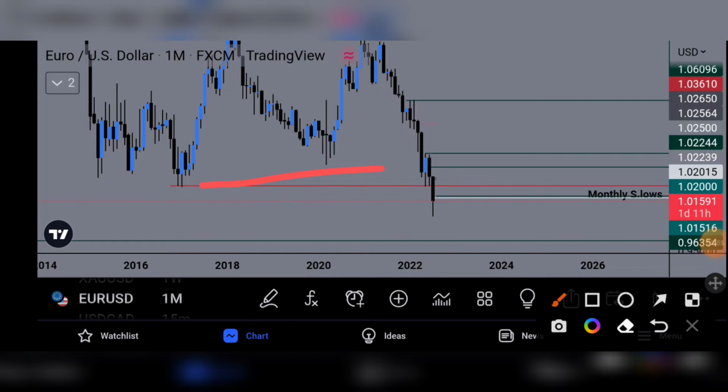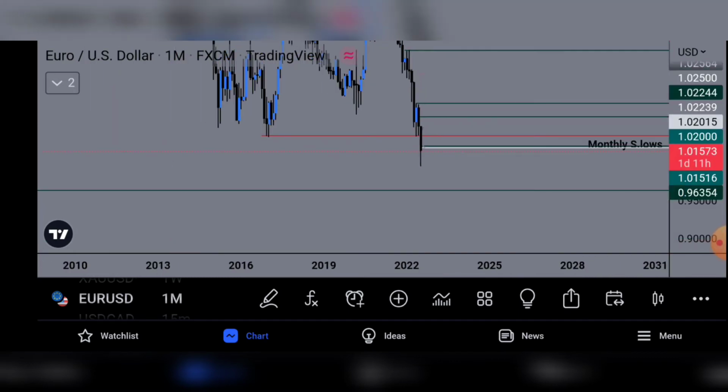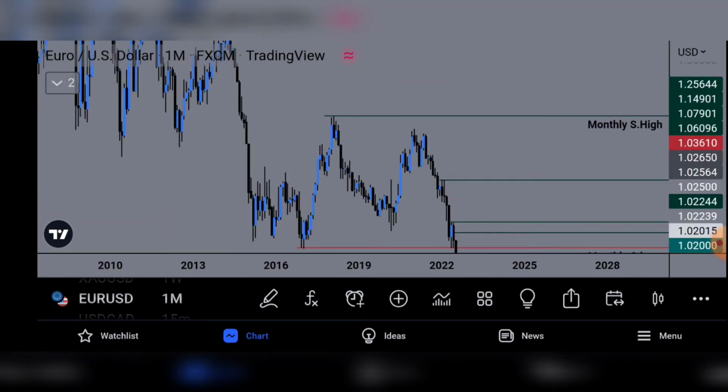Price broke down, but if we keep sinking lower, I want to see a break here and a retest, then I know that we can actually move upwards. But if we fail to break this, you know that price is definitely going lower to 0.96 or so. So that is it for Euro USD.